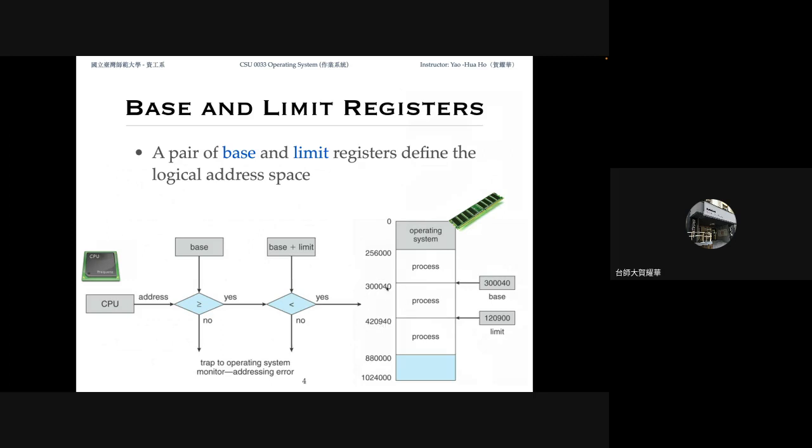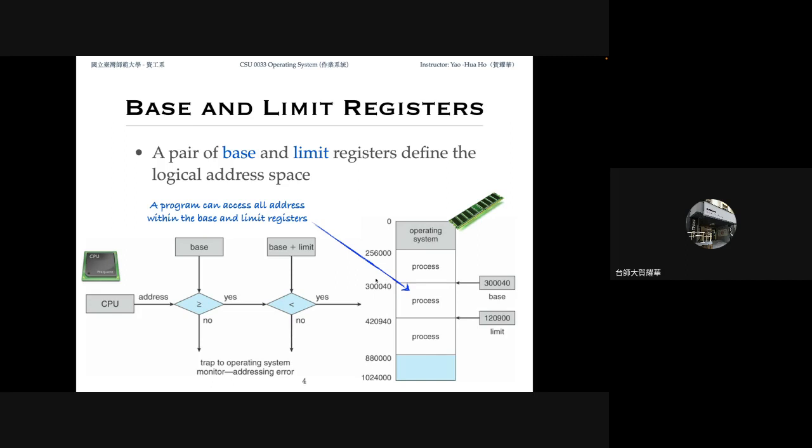If a process wants to access memory, the CPU will first check its address by checking its base and limit registers. If it is within the base and limit registers, it can access the data or instruction. However, if it tries to access somewhere outside its limit register or before its base register, you will have some kind of error.